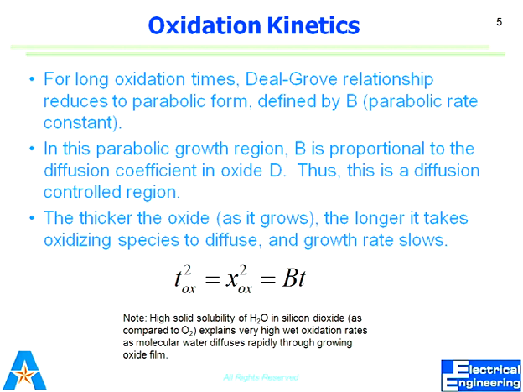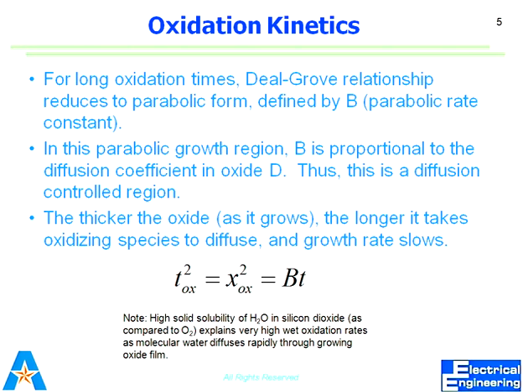Similarly, if I'm talking about a thin layer, meaning t is less than or equal to tau, then time is very small, meaning X oxide is very small.